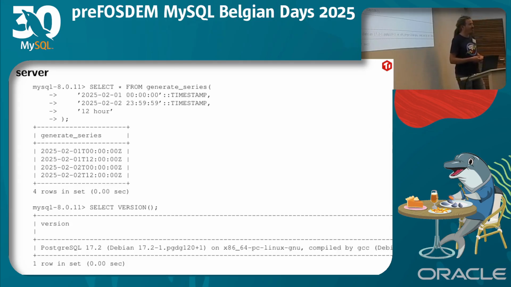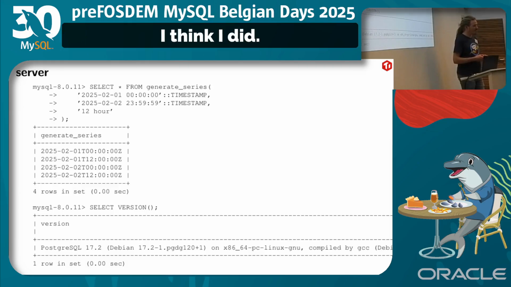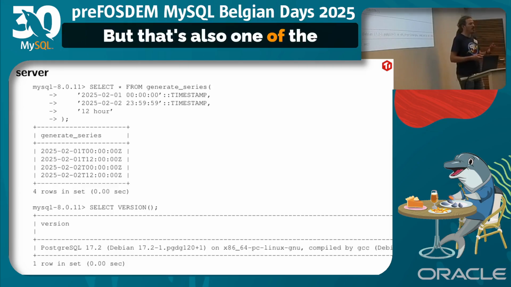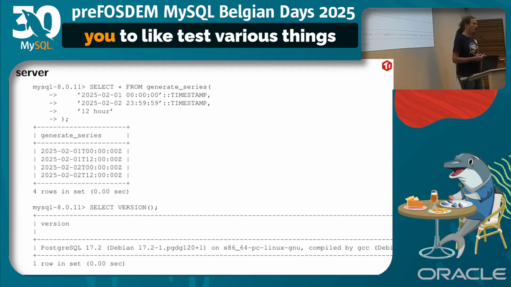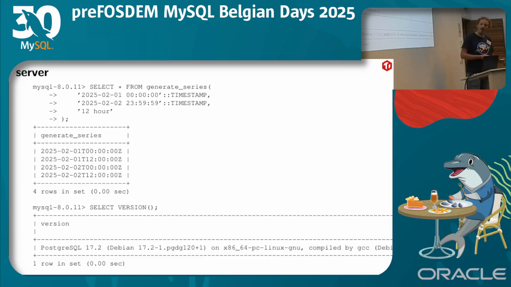Did you follow the rules? I think I did. But that's also one of the things where this can help you to test various things, because normally a server never gives a zero result set on some of these queries. But this allows you to test all kinds of weird situations.